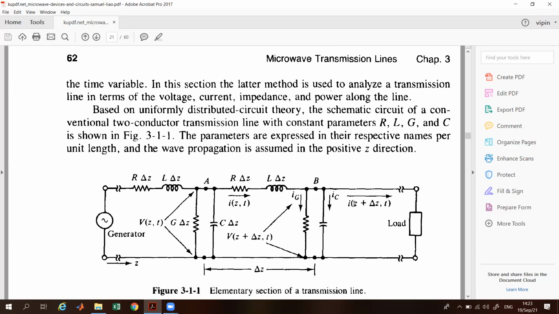In a similar way, the current will be I(z+delta z) after passing through a transmission line of length delta Z. So the parameters are expressed in their respective names per unit length, and the wave propagation is assumed in the positive Z direction.